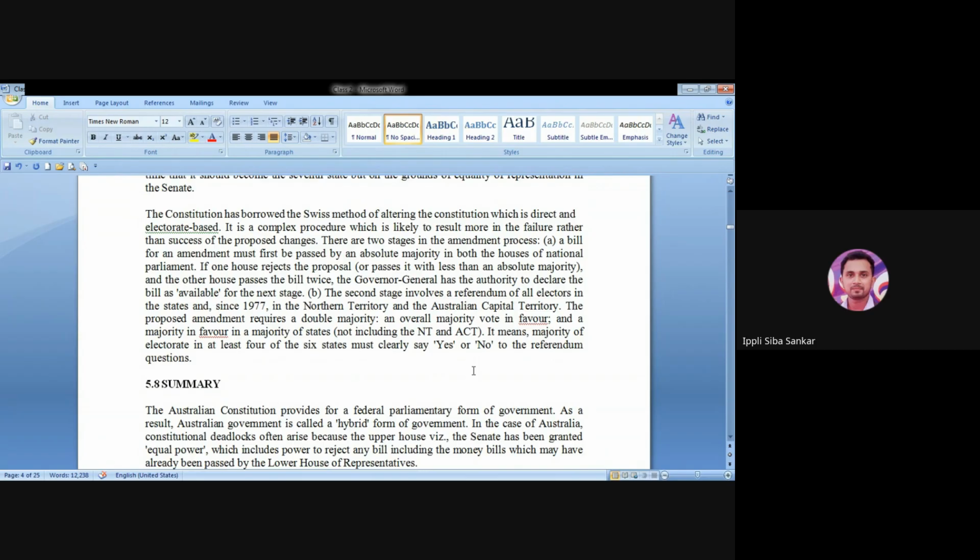A bill for an amendment must first be passed by an absolute majority in both Houses of the National Parliament. If one house rejects the proposal or passes it with less than an absolute majority, and the other house passes the bill twice, the Governor General has the authority to declare the bill as available for the next stage.